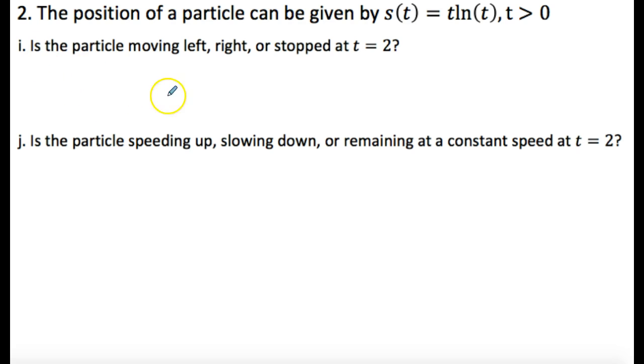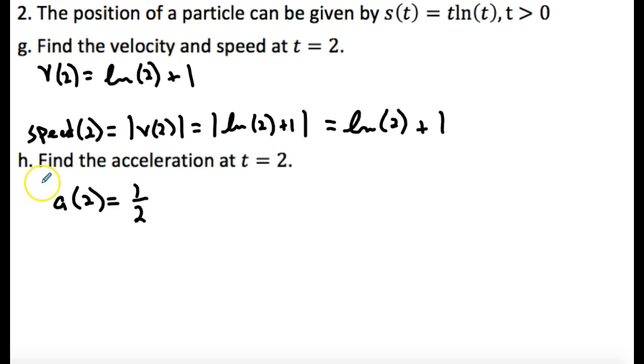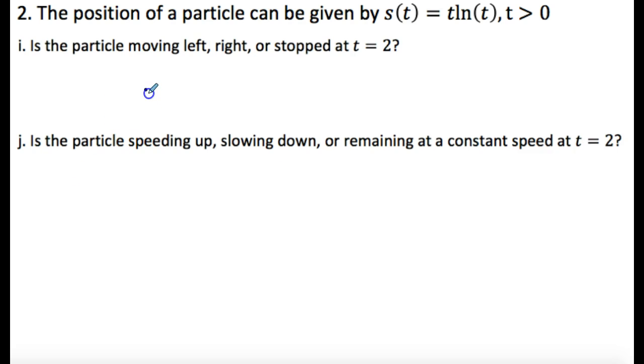All right, and finally, take a second, try i and j here. All right, so is the particle moving left, right, or stopped? To figure that out, we just want to look at our velocity. Velocity is positive at t equals 2. If velocity is positive, that means my particle is moving to the right. Then is the particle speeding up, slowing down, or remaining at a constant speed at t equals 2?